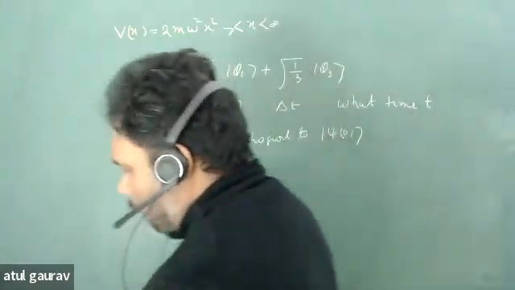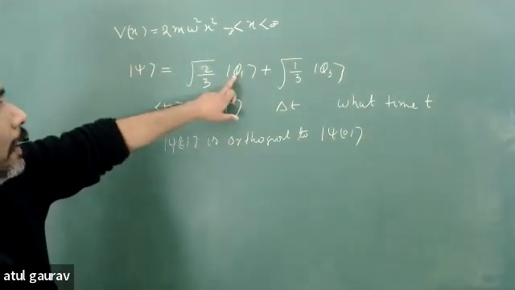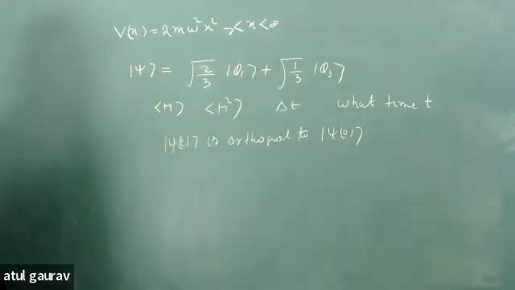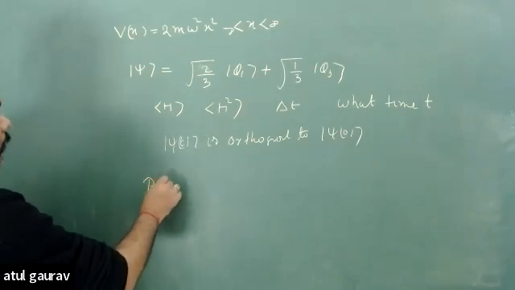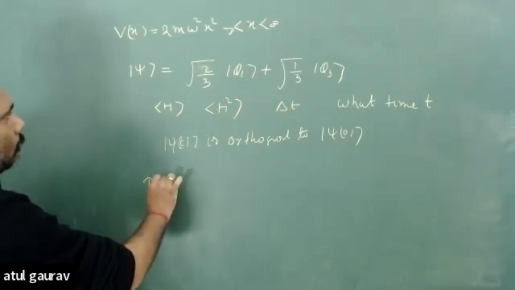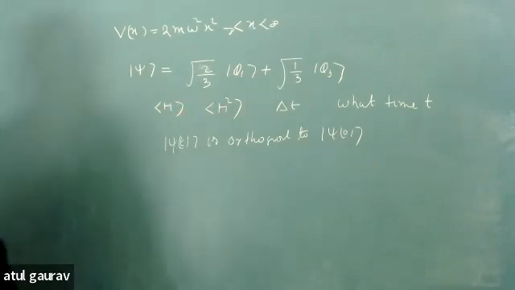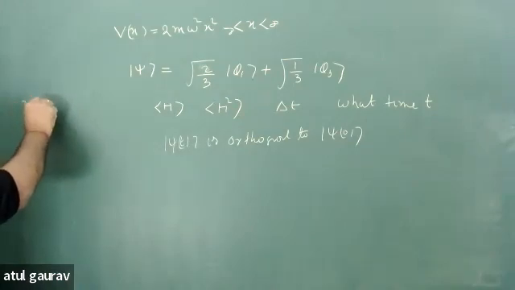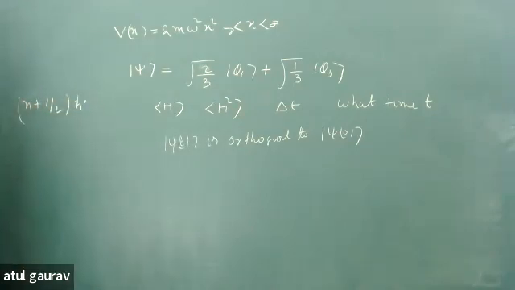So if you measure energy, what will be the measurement? Either E1 or E3, right? So what is E1 here? What is the energy eigenvalue? It is (n plus half) h cut into 2 omega.